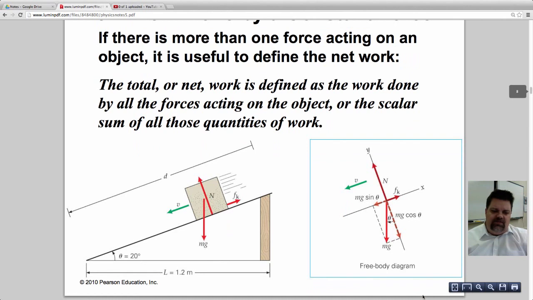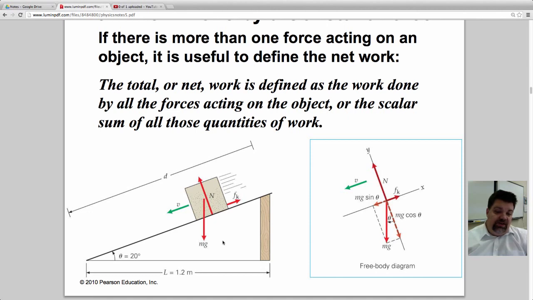As we look at this object here, according to the free body diagram, there are a whole bunch of forces acting on this little object in motion. The displacement can be measured from here to here, so what I need to figure out is the net force parallel to the displacement. We have a block that starts at the top of this inclined plane and slides down.